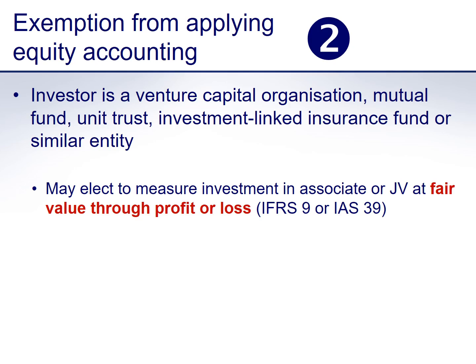Most of these entities would typically meet the definition of investment entities anyway, but they need not meet the definition. This is now a choice. If you are such a similar type of entity and you opt to do so, instead of equity accounting your investment in a joint venture or associate, you could opt to account for that investment at fair value through profit or loss using the requirements of either IFRS 9 or IAS 39 until IAS 39 is entirely replaced.